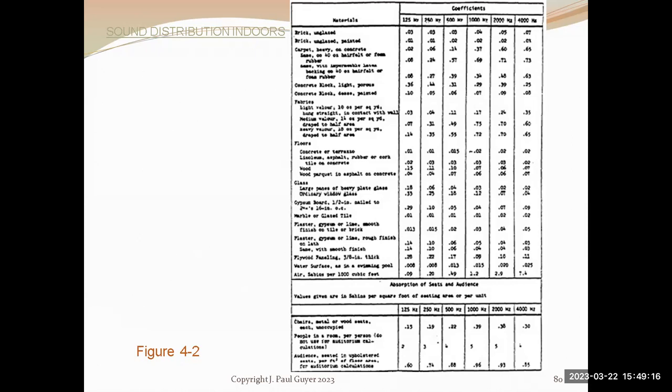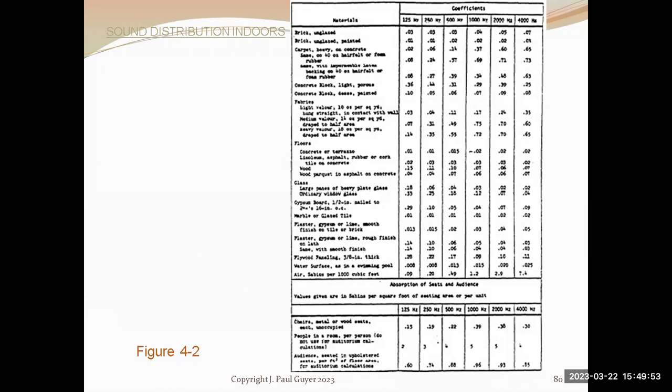But you see here in this illustration, for these different types of building materials that you see here, concrete, fabrics, floors, glass, chipboard, marble, or tile, that there is a sound reduction coefficient for that given material at a given frequency. And then it has a sound absorption coefficient that is different when the frequency is different.